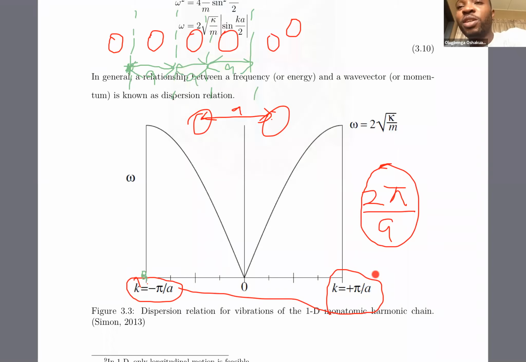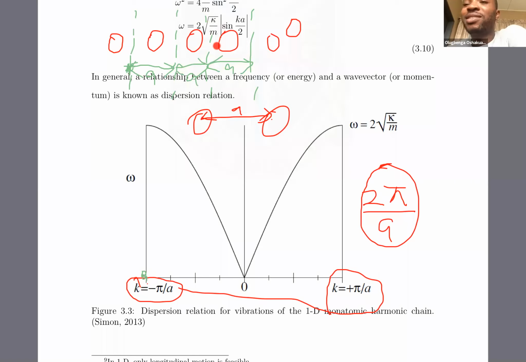Now, we'll be talking about atoms and the distance of separation, but we want to go into another realm, where we'll be talking about the K space, in terms of the wave vector K. In our world, we talk about distance in terms of lattice constants. We talk about atoms being separated by a distance A.